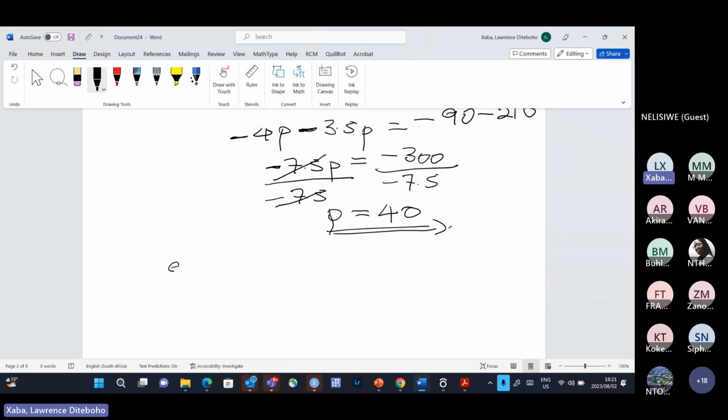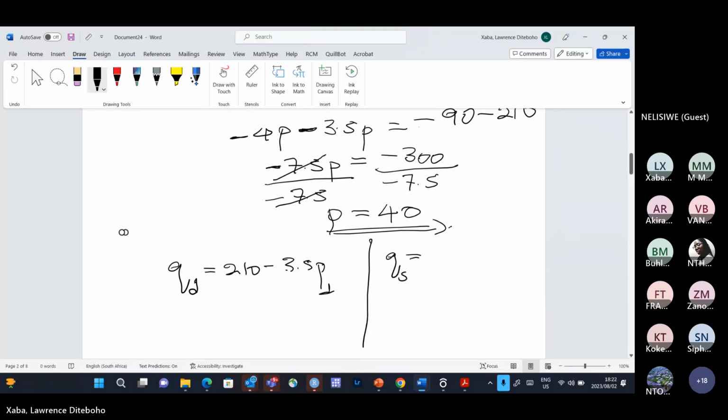Our first function is QD equals 210 minus 3.5 P subscript D, and we have another equation of supply, which is QS equals negative 90 plus 4P subscript S. For us to say this is correct and balanced, the price value, when we substitute it into these two equations, must give us the same value.